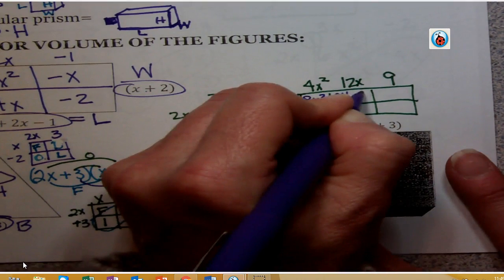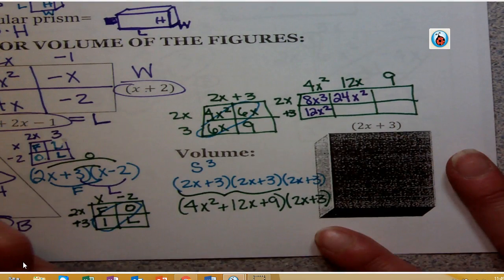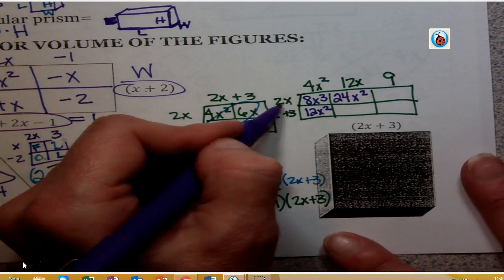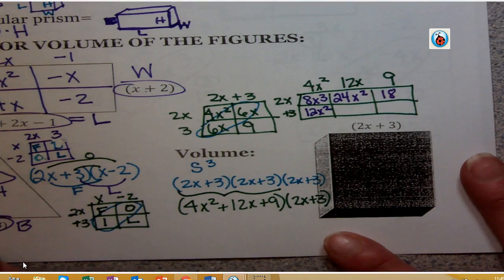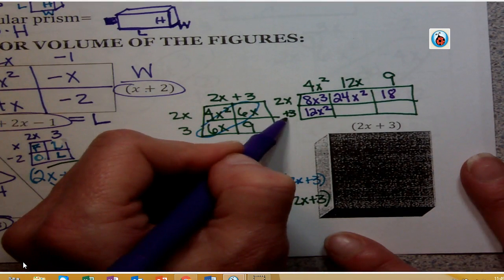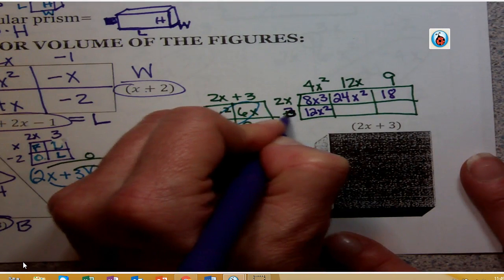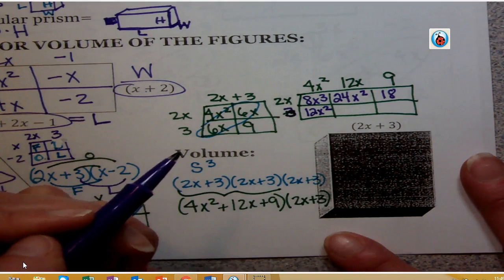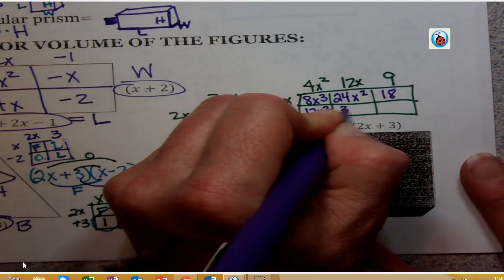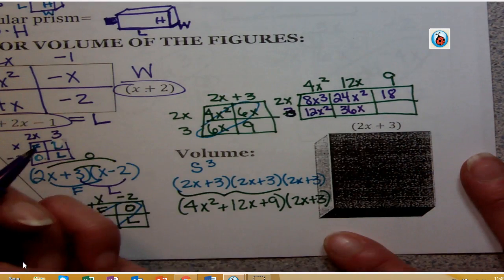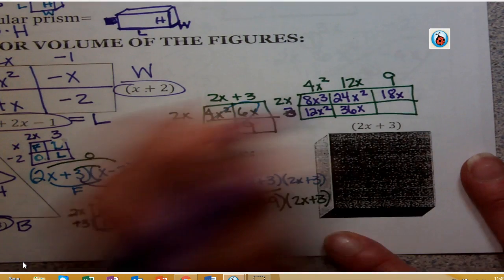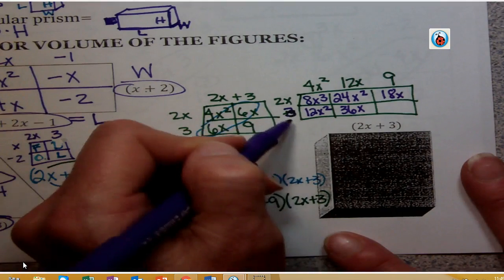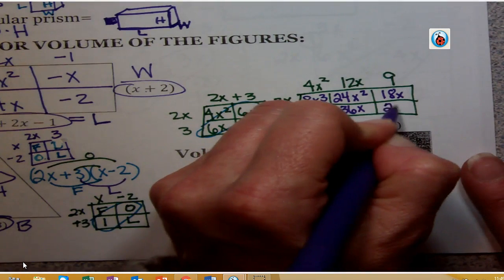X times x is x squared. 2x times 9 is 18. Then this is a 3, times 12x is 36x. Oh, this is 18x. And 3 times 9 is 27.